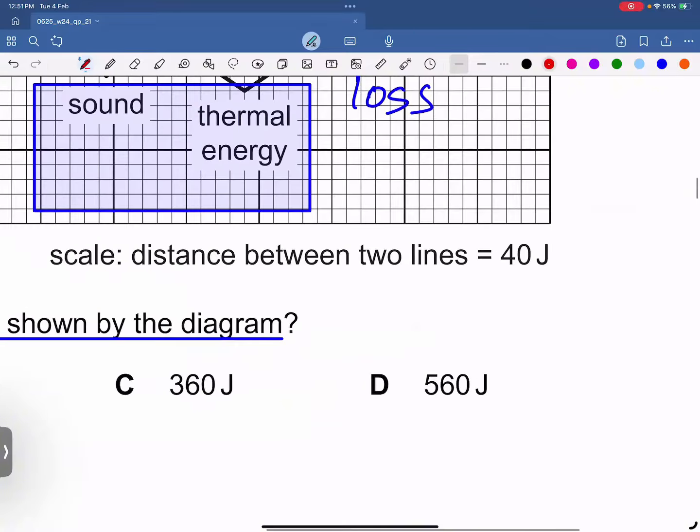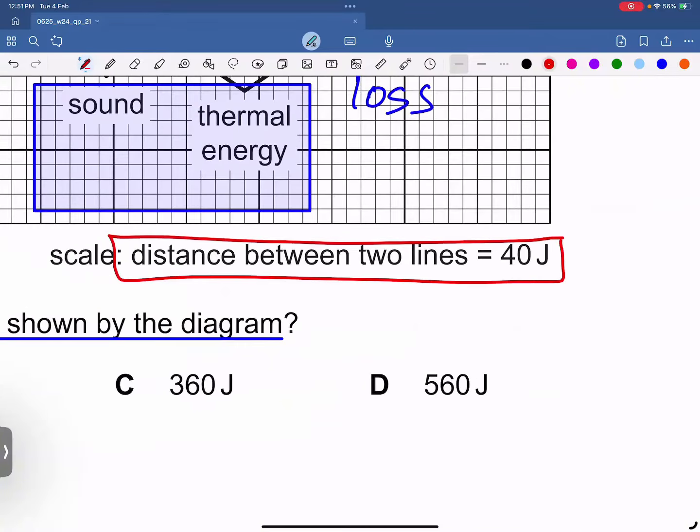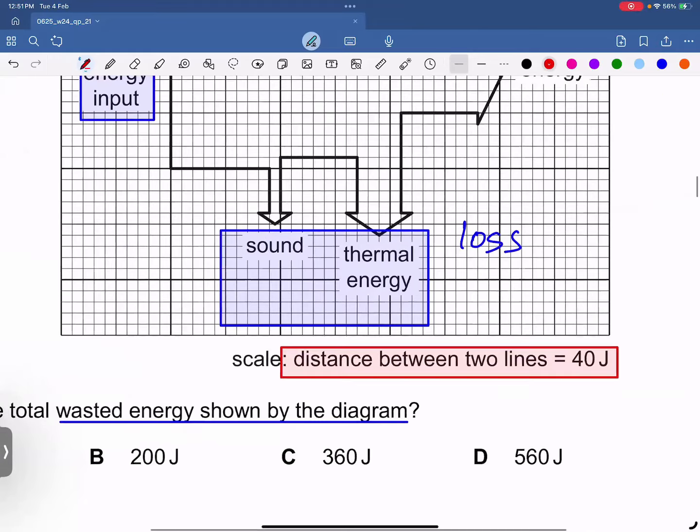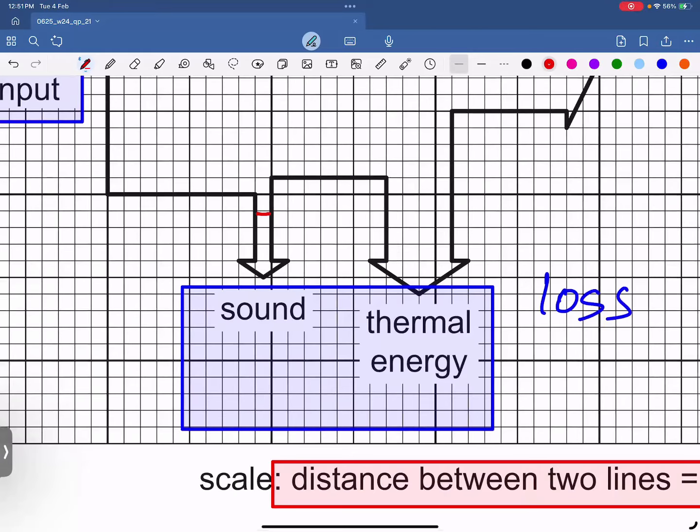They say the distance between two lines is 40 joules. So go here, how much is the total? This one is 40 joules, you can see. This is 40, 40, 40, 40. You can say one line is here, and here total 4 lines.